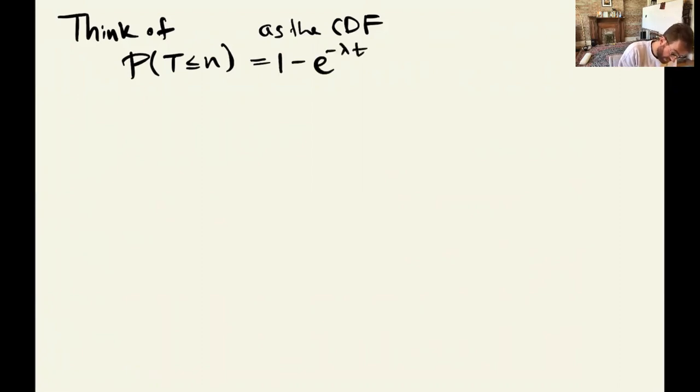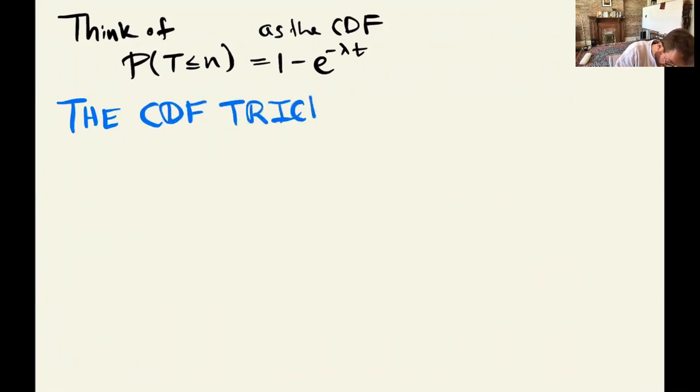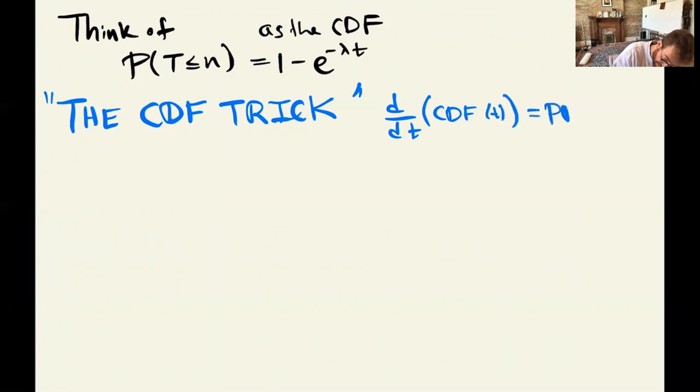Now, one of the common tricks, which I'm going to call the CDF trick, and we're going to go over this in simpler examples, essentially says that the derivative with respect to t of the CDF, which is some function of t, is equal to the PDF at t.